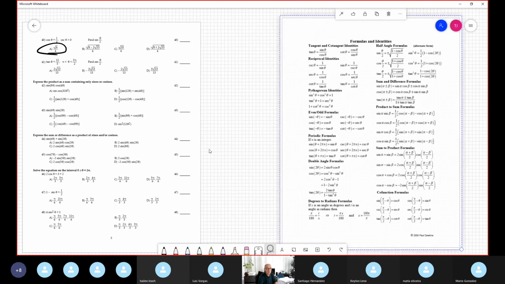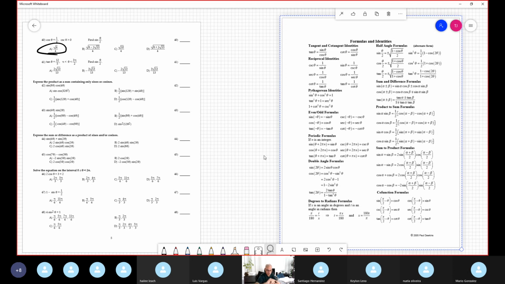Because we practice now a conversion, for example, the horrible formulas for the conversion from product to sum or sum or difference to product. So I want to explain this idea in detail.